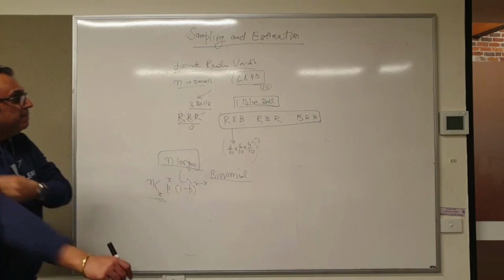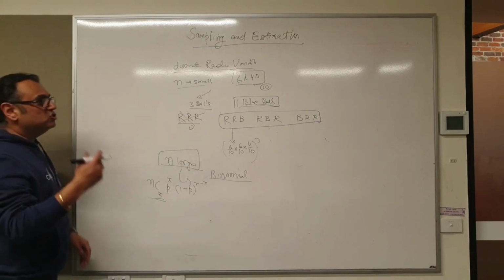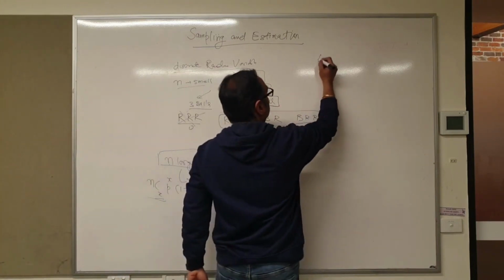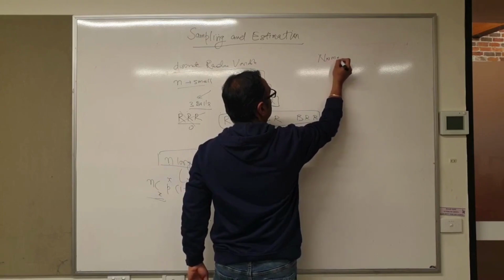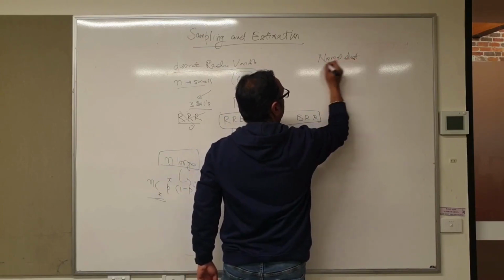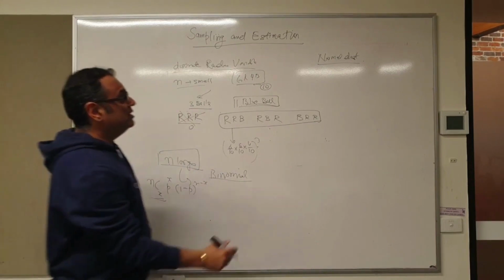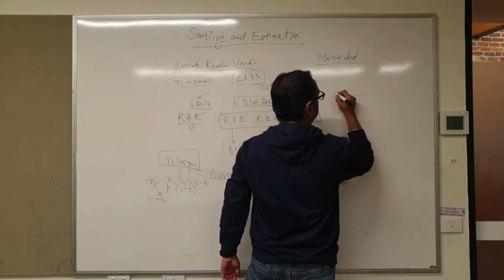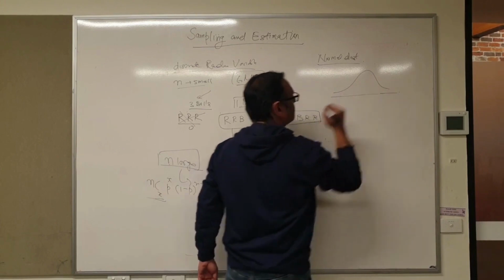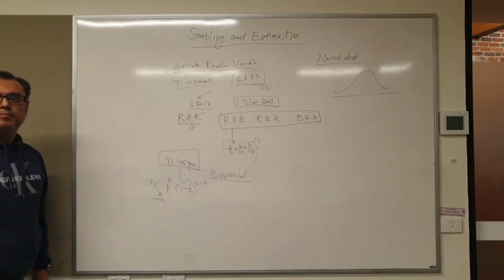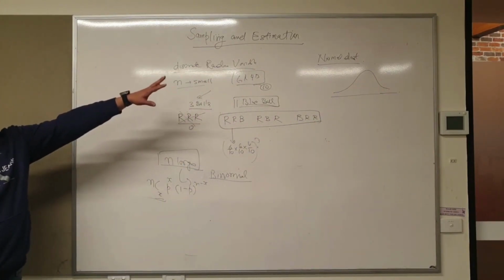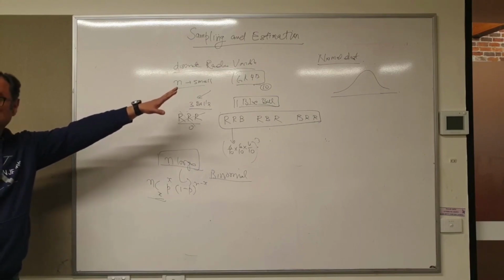Moving further, we also learned something called normal distribution, and the normal distribution used to be a curve like this. That was when we were talking about the continuous random variable, right?